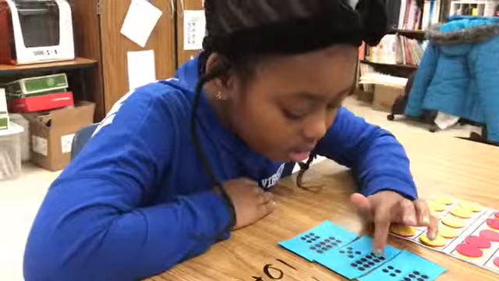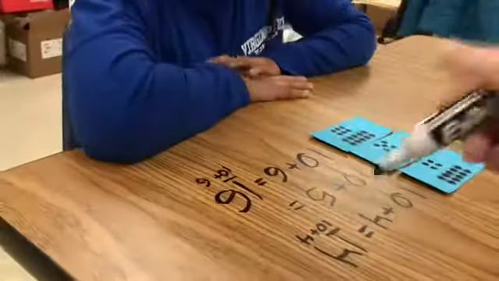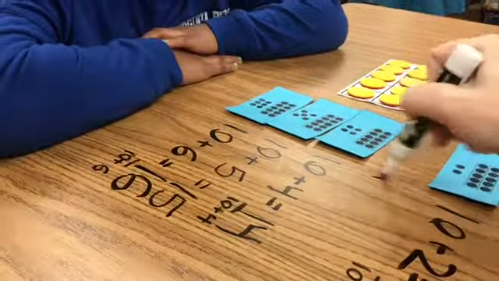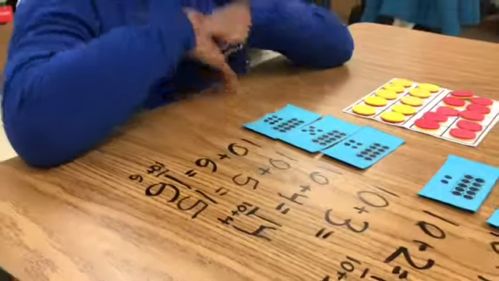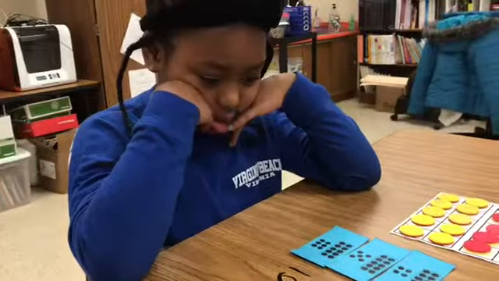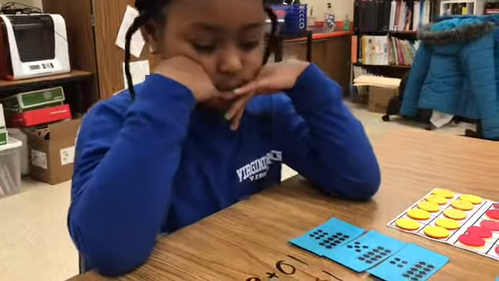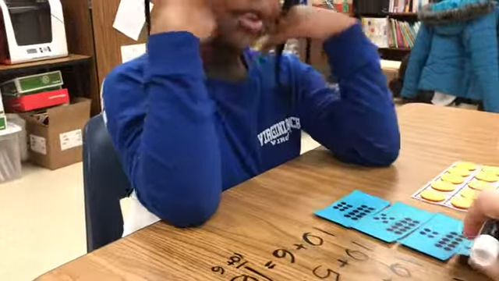Here we go. Here's 10 and 5. 15. Were you right? Yes. Okay. If this pattern continued, what do you think 10 and 3 would get you? 13.